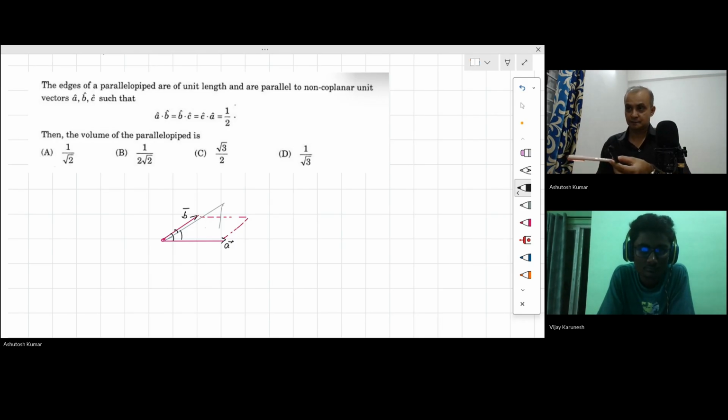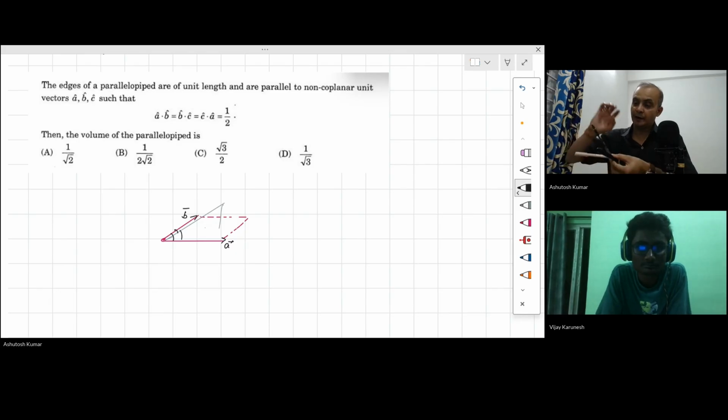If you can see this carefully, the idea is that these are two vectors like this, and the other vector is inclined like this. Now notice the angle between these two, this and this, is 60 degrees. The angle between these two is also 60 degrees. And the angle between these two is also 60 degrees.